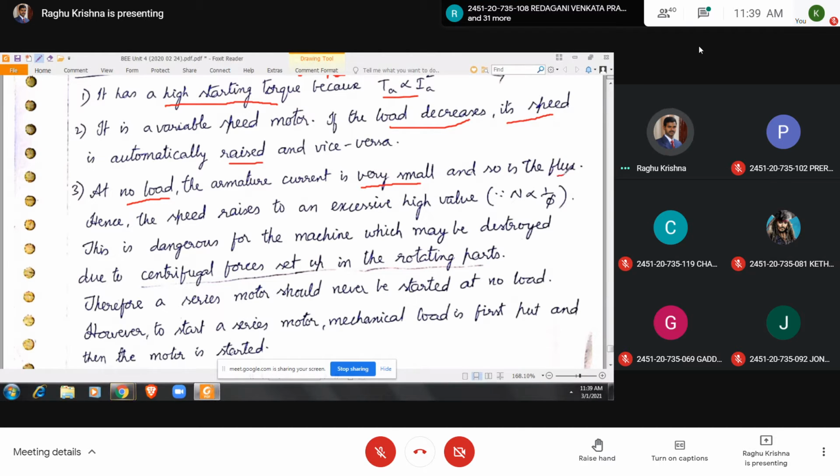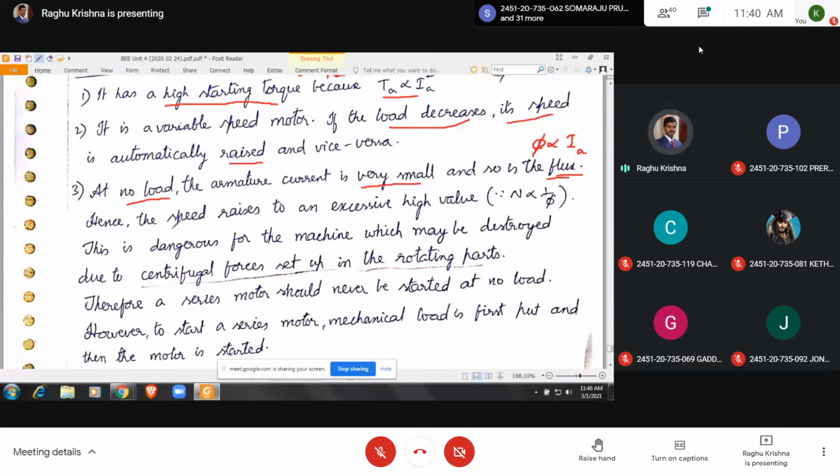In a series motor, flux is proportional to Ia. As current is small, flux is also small.